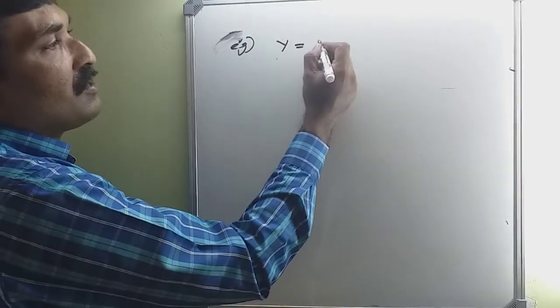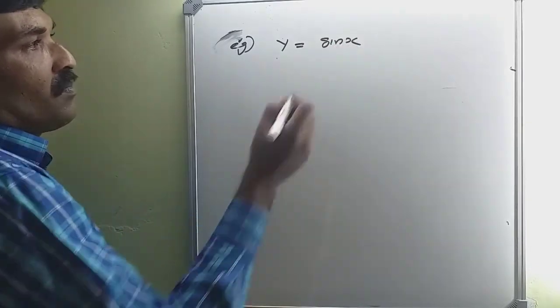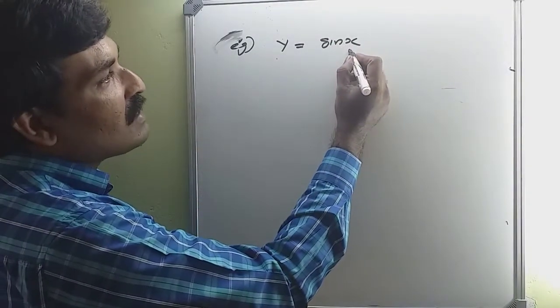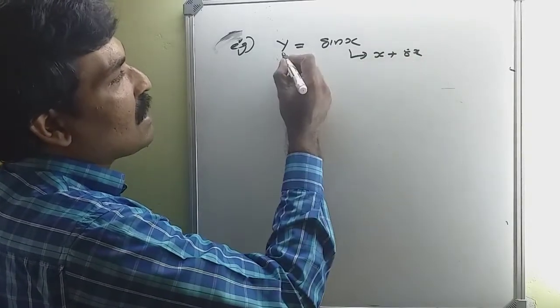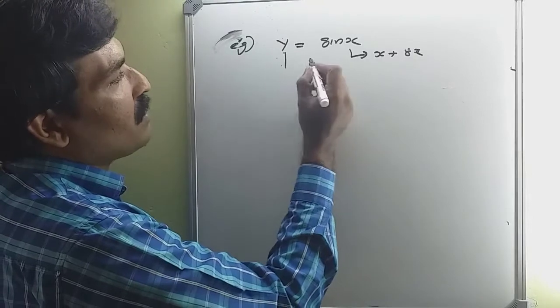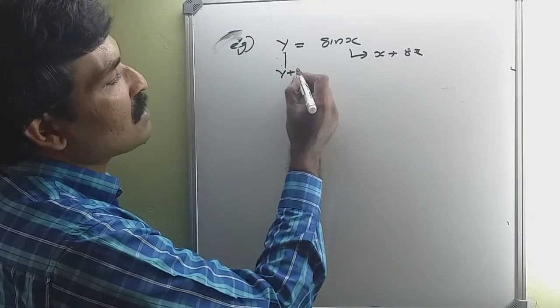Y is equal to sin x. Let this x change to x plus del x, and the corresponding change in y is y plus del y.